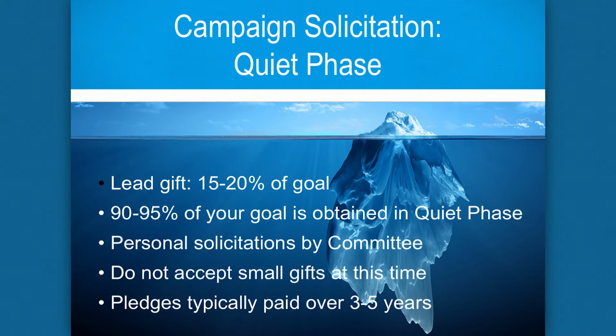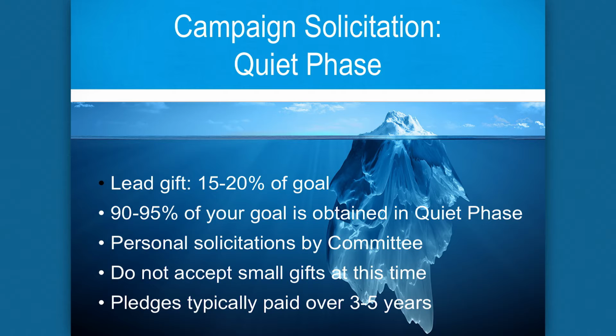It's tempting sometimes when someone offers a small gift early on because they're hearing about the campaign and got excited, but we really don't want to have small gifts come in. If somebody sees in the early phase of your campaign that $1,000 gifts are being made, it really lowers their expectation for what a quiet phase gift needs to be.